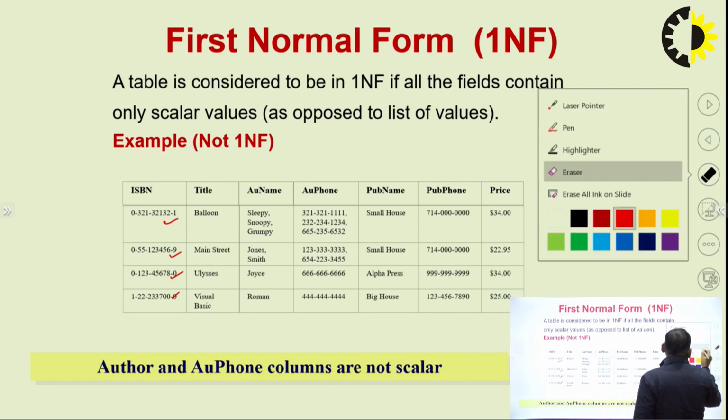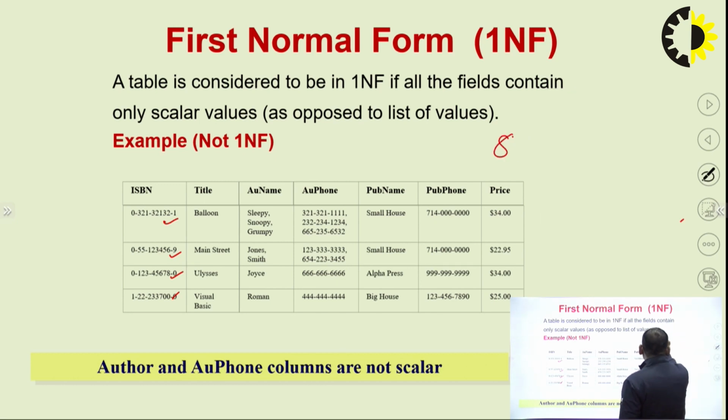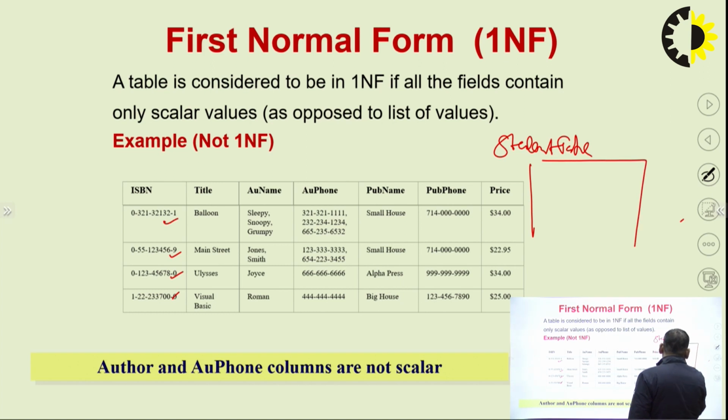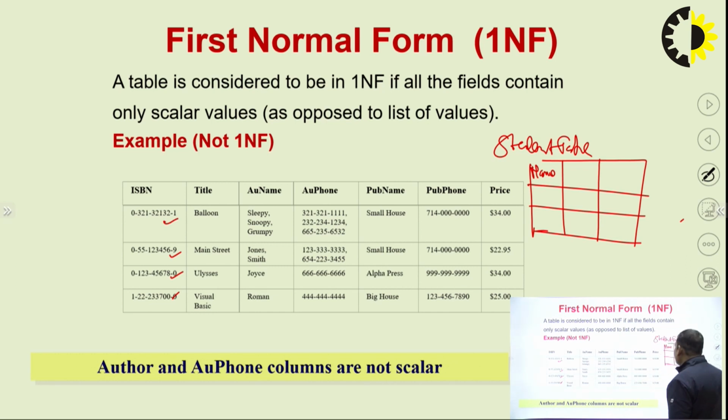The first column attribute is the student name, the second column attribute is the student roll number, and the third column attribute is course.